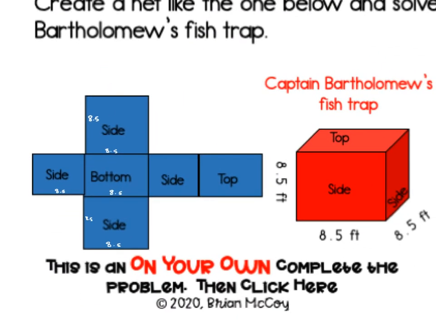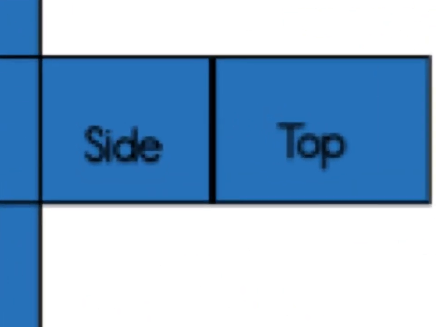And then if this is 8.5, this is 8.5, that means this also has to be 8.5. And if this is 8.5, that means this has to be 8.5 as well. Let's go ahead and plug that in. So I'm going to make this bigger so I can write. And I've got 8.5 right there.